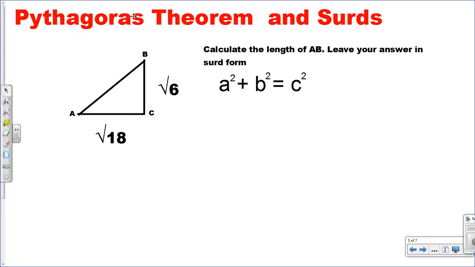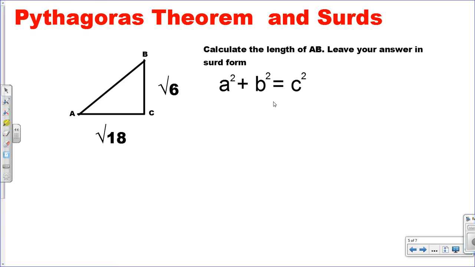You might also be asked to use surds in Pythagoras' theorem. We all know that Pythagoras' theorem is a squared plus b squared equals c squared. What we've got here is two of our sides written in the surd form.